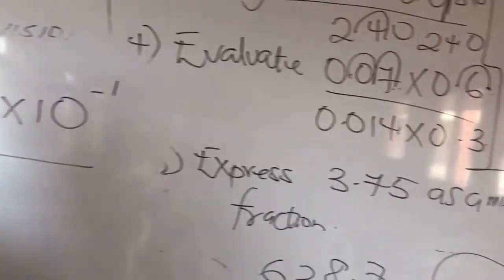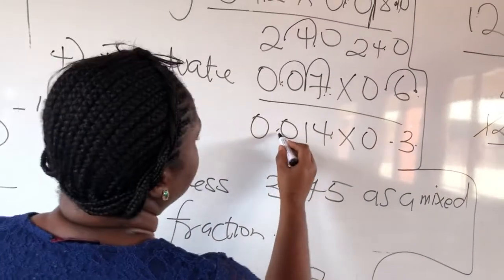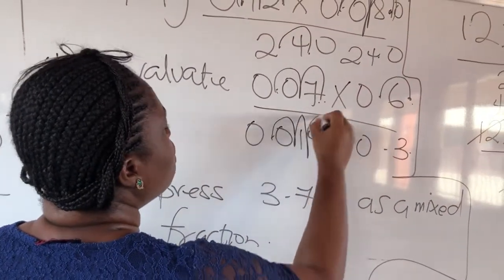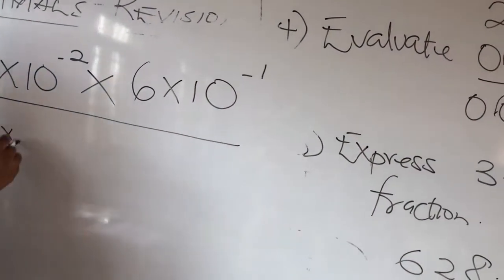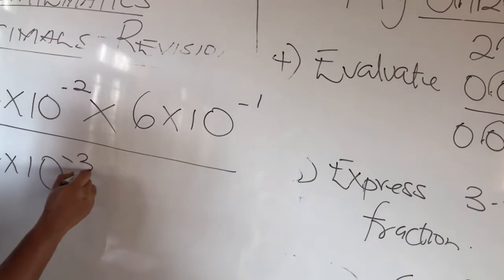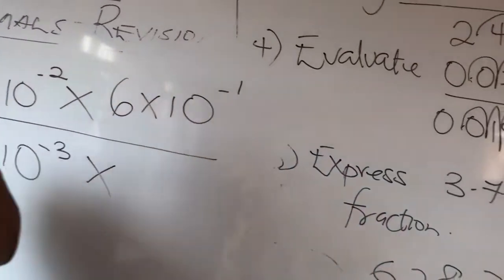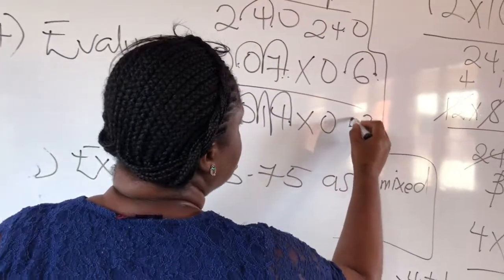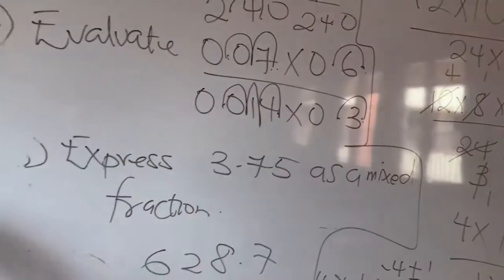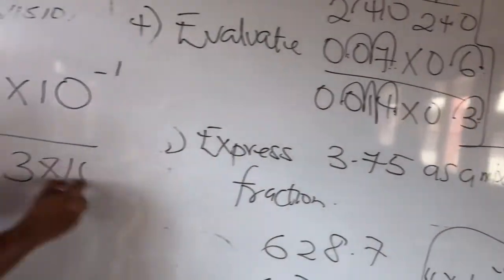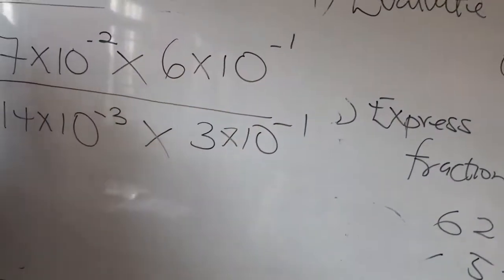All over, how many times is this one moving? 1, 2, 3. So we have 14 times 10 raised to the power -3. All times, how many times is this one moving to the 3? Once. So you have 3 times 10 raised to the power -1.